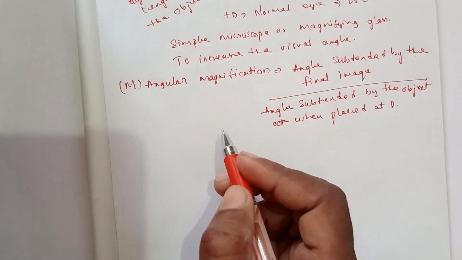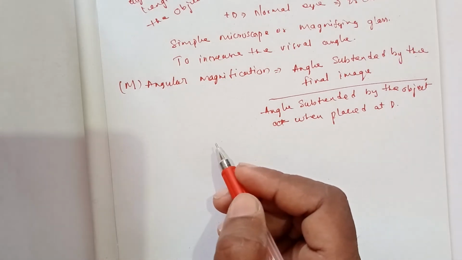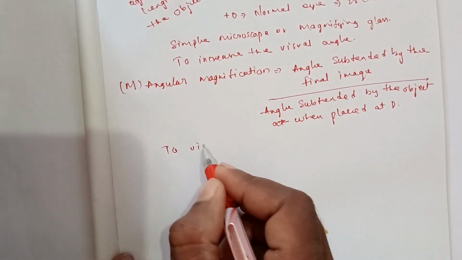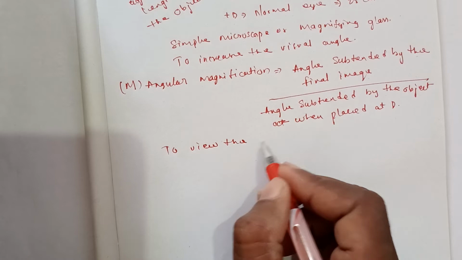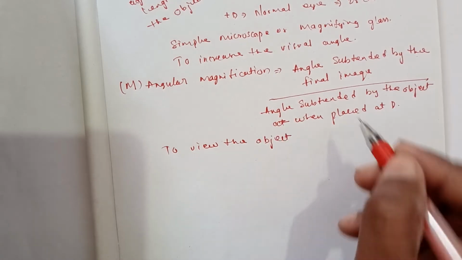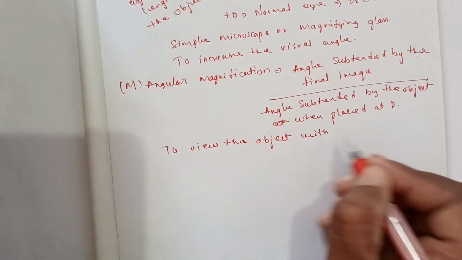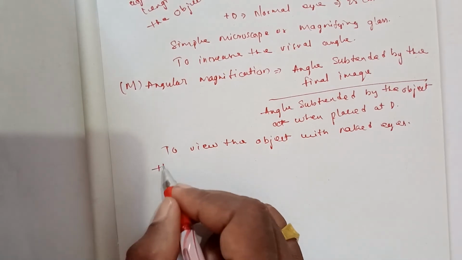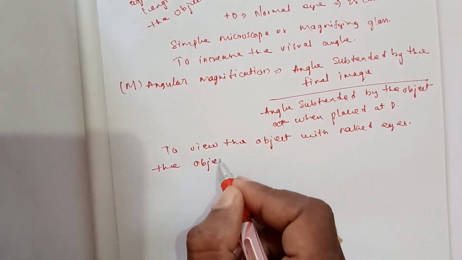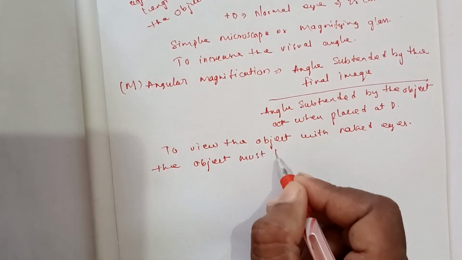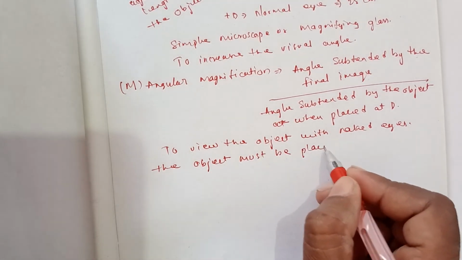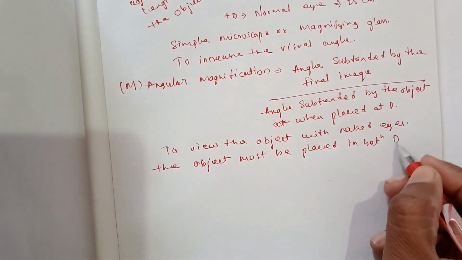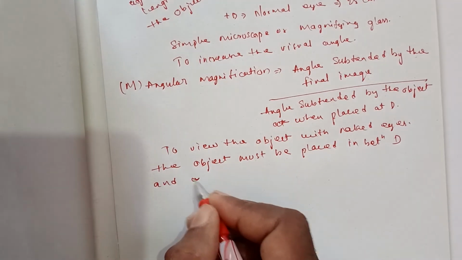To view an object clearly with naked eyes, the object must be placed in between D and infinity.